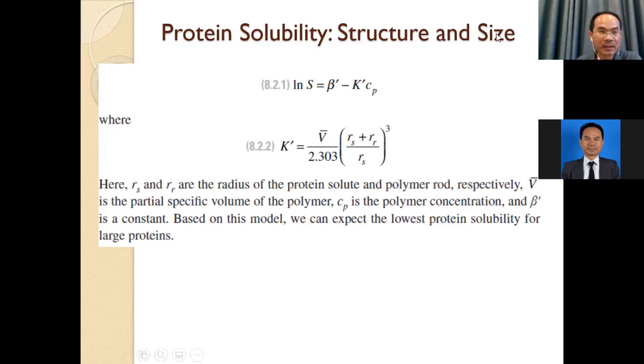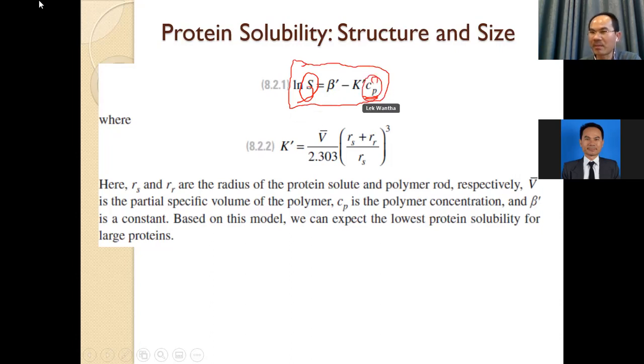We can express the solubility, or the concentration of protein in water or in solution, and Cp is the concentration or amount of polymer or precipitating agent. The solubility is a function of polymer.